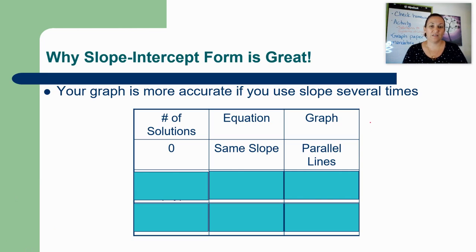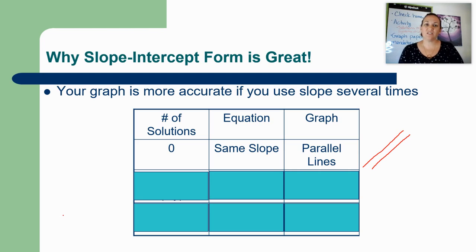If you want to see an example of parallel lines, I'm going to do the best I can with my mouse. We've got 1 and 2, okay? So again, if you put your equations into slope-intercept form and you notice that they have the exact same slopes, then you could tell me that this problem has no solutions, or zero answers.